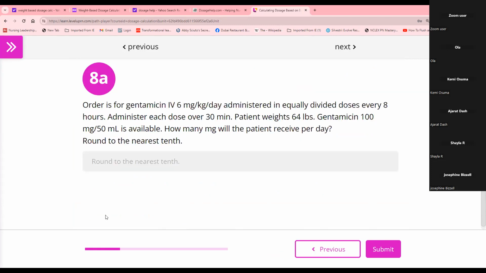So now let's try another one. So first we'll calculate how much the client receives per day. Then we'll break it down to dose. Okay. All right. So the things that you're going to need out of this is the patient's weight, which is 64 pounds. And the ordered dose, which is 6 milligrams per kilogram per day.